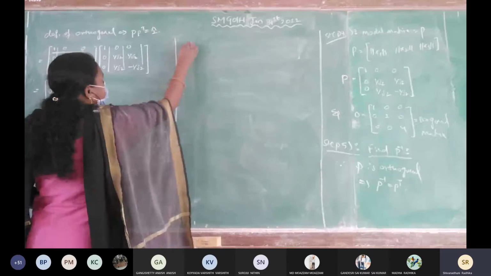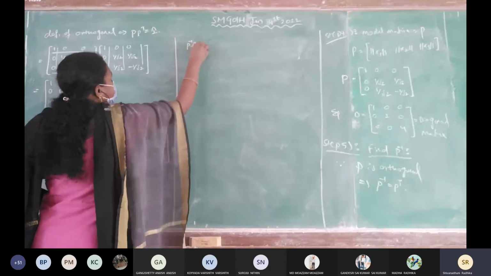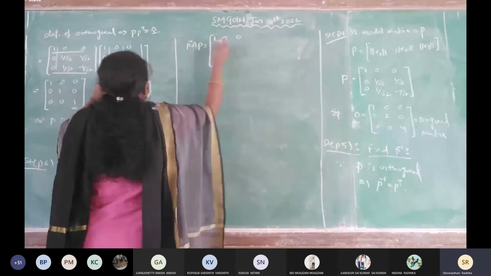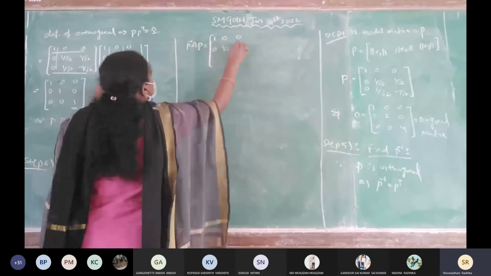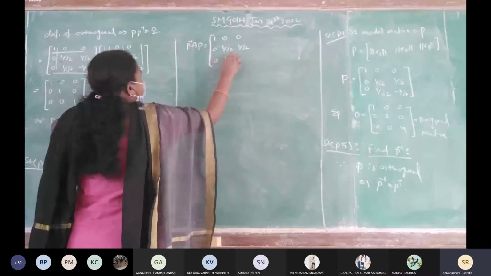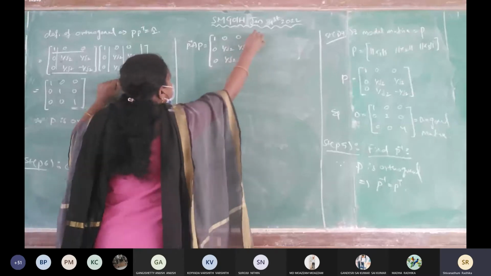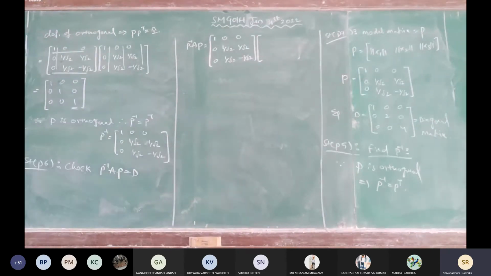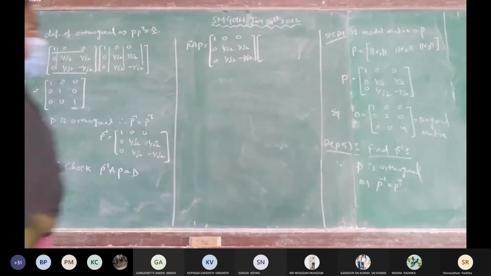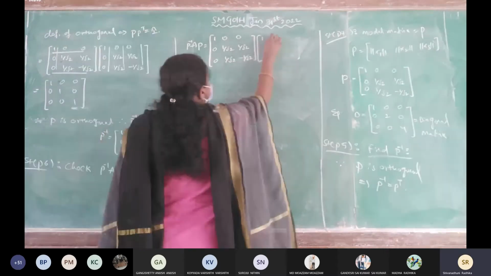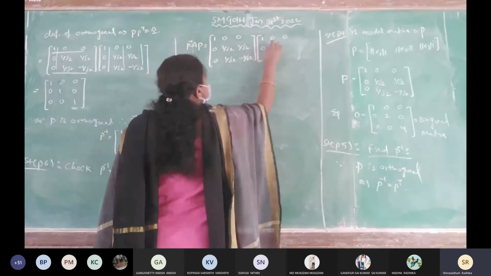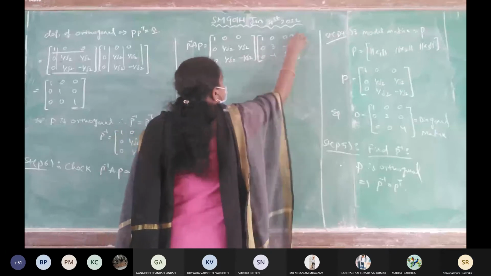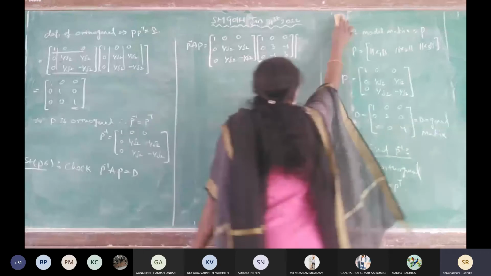P inverse A into P, that equals P inverse, which is this one [1, 0, 0; 0, 1/√2, 1/√2; 0, 1/√2, -1/√2], into capital A. What is capital A? Capital A is [1, 0, 0; 0, 3, -1; 0, -1, 3]. Is it clear?